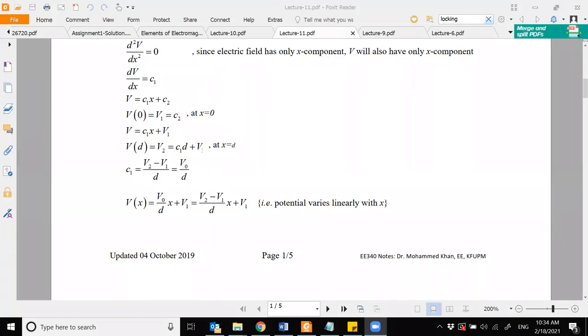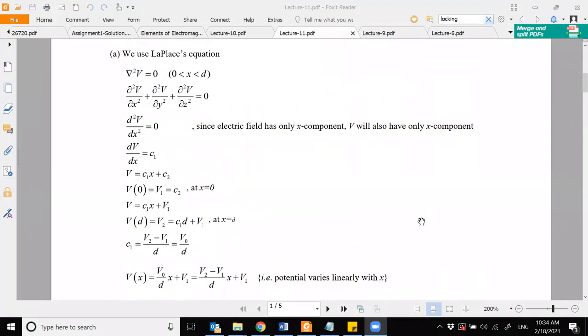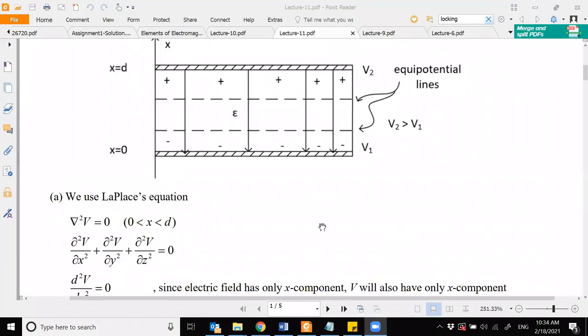So what does this potential expression mean? Within this region, the expression of potential V of x is V2 minus V1 over d times x plus V1.